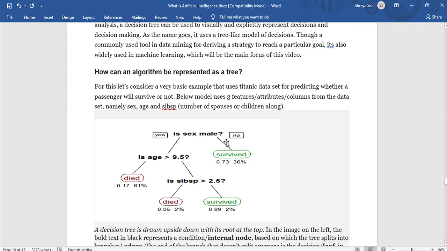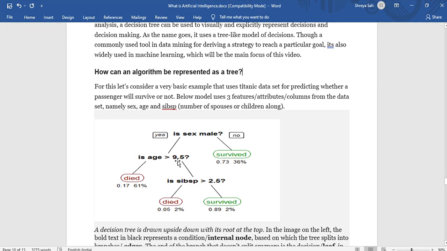If the sex is male, then we will see what his age is. If the age is less than 9.5, then there's a 61% chance that he died. And if the age is greater than 25, sorry, if the SIBSP is the number of spouses or children.